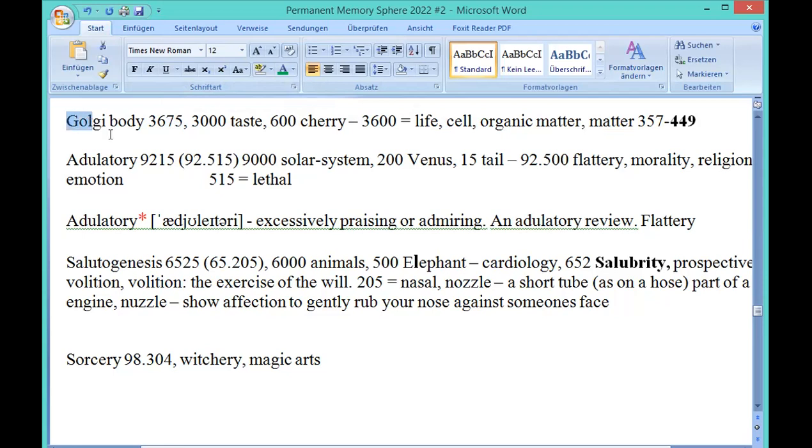So the coal, the 75 reminds me of Golgi, the Italian name, Golgi body. Okay, so this is how I remember Golgi body in the permanent memory sphere. So I can tell other people Golgi body is in eukaryotic cells. It secretes proteins, and it's about life and cells, and more you don't tell other people.